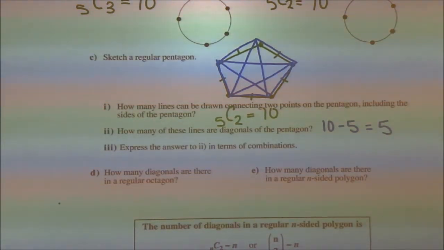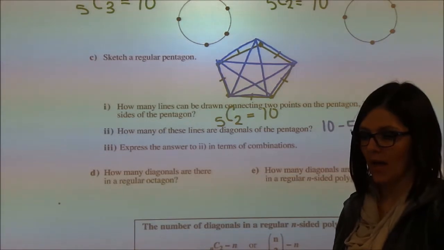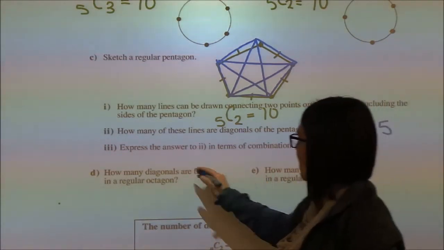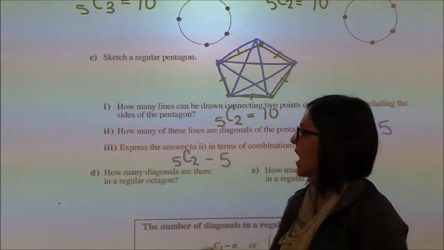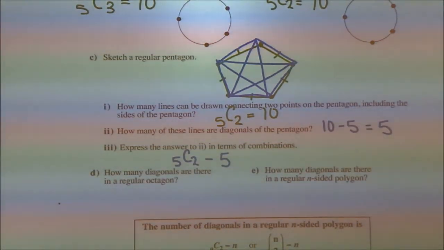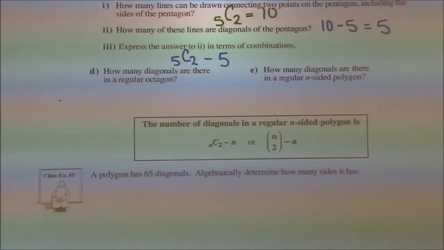In terms of combinations, this is the same as taking my 5C2 and then subtracting the 5 outside lines. So suppose I had an octagon.